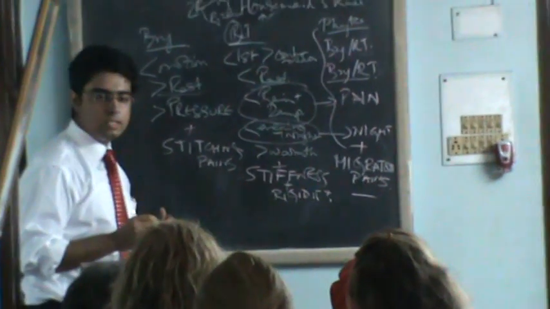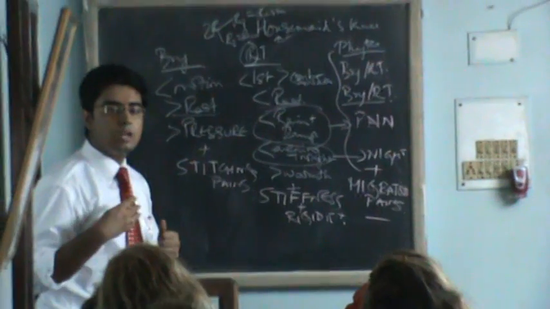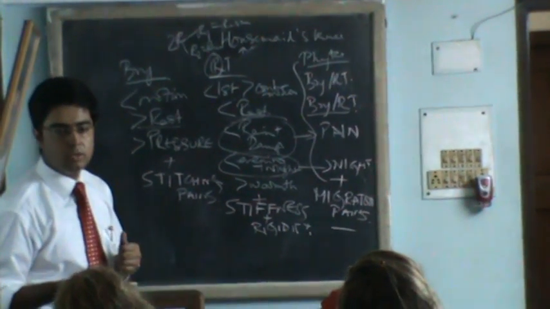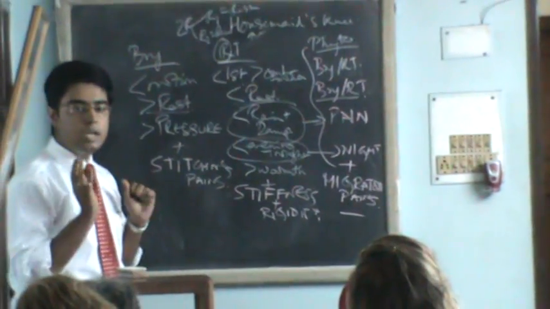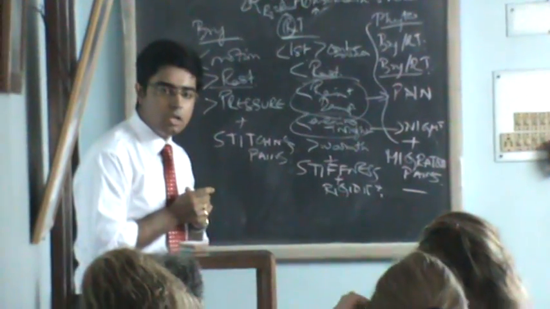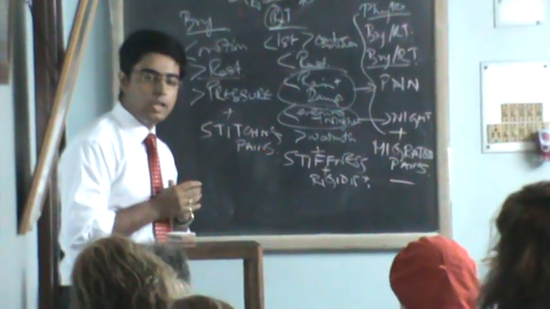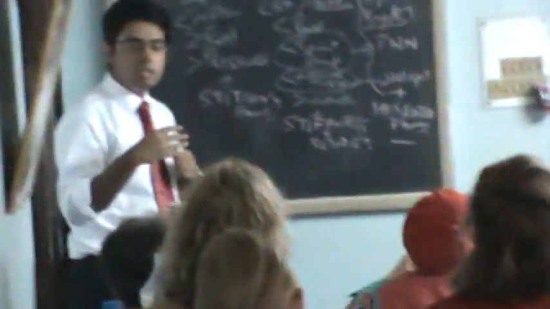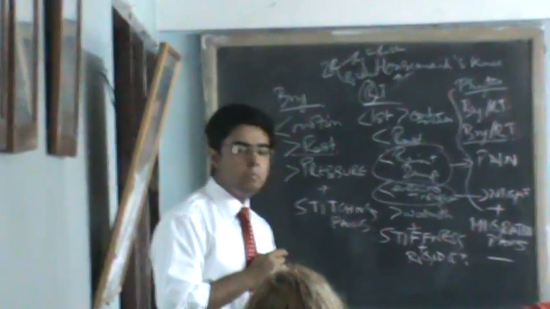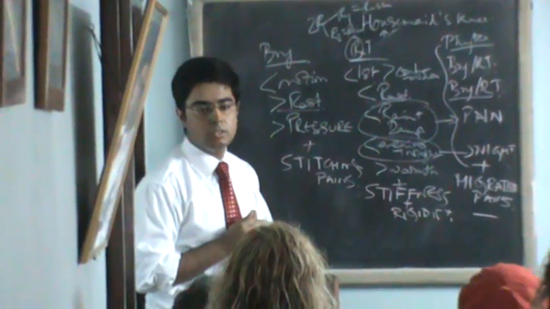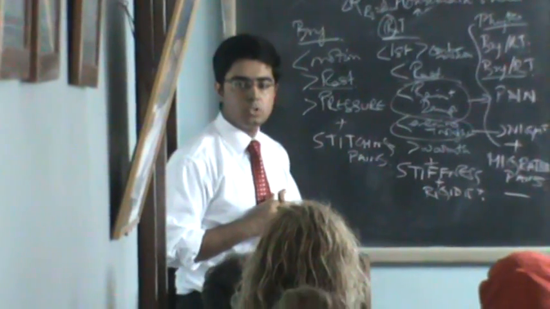All these modalities, we first generally ask about the modalities. Start with the modalities when we get a case of osteoarthritis. Is it aggravated by first motion? Is it better by continuing motion? You're not getting that. Is it aggravated when you move at all? Then think of Bryonia. Or you're getting, I'm aggravated by first motion, but continuing motion doesn't relieve my trouble. It's also aggravated by continuing motion.